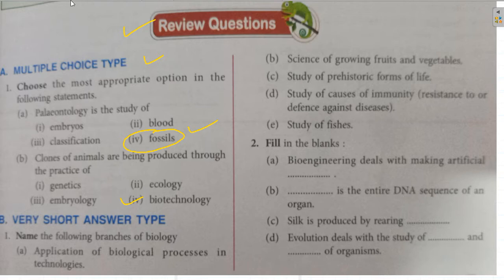Name the following branches of biology. Application of biological processes in technologies. It's simple, as the name suggests, it is biotechnology, right? Science of growing fruits and vegetables, it is horticulture, as I have told you earlier.